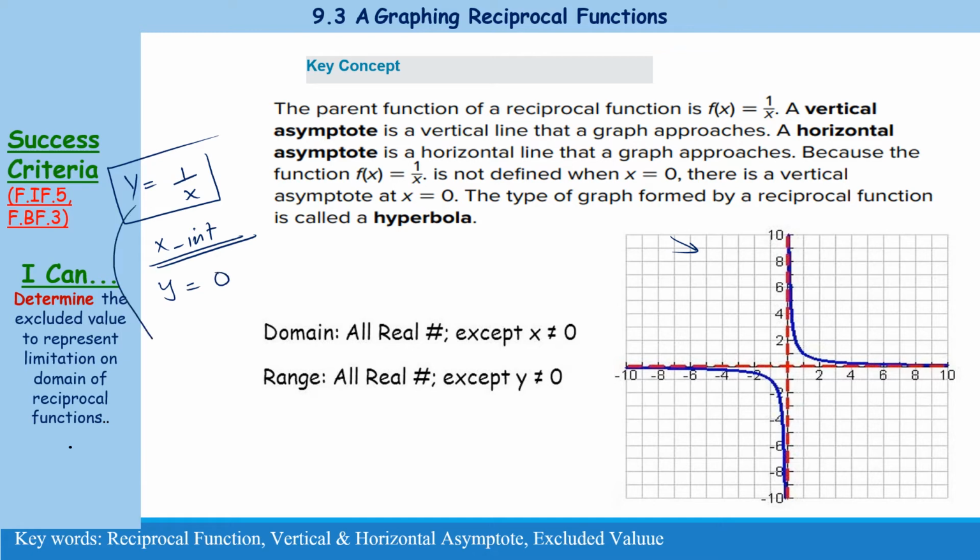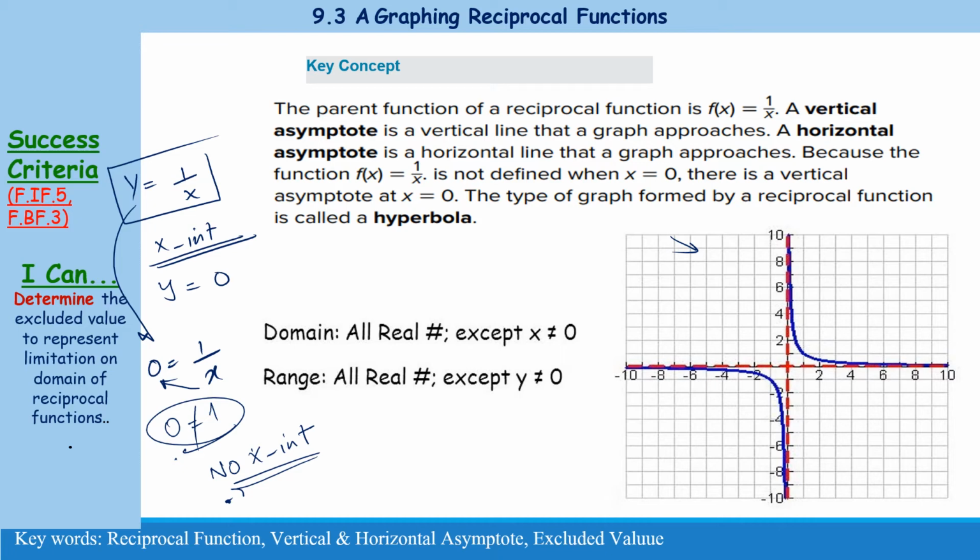So replace y by 0 and write 0 equals 1 over x. By cross multiplication, 0 times x gives you 0, which is not equal to 1. So this shows that you have no x-intercept.